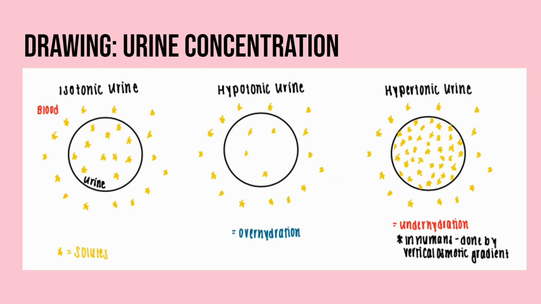Hypotonic, lower solute concentration of urine. Hypertonic, higher solute concentration in the urine. So that's why when you're dehydrated, your pee might be more yellow. It's hypertonic. Does that make sense? Or does anyone have any questions? Okay.